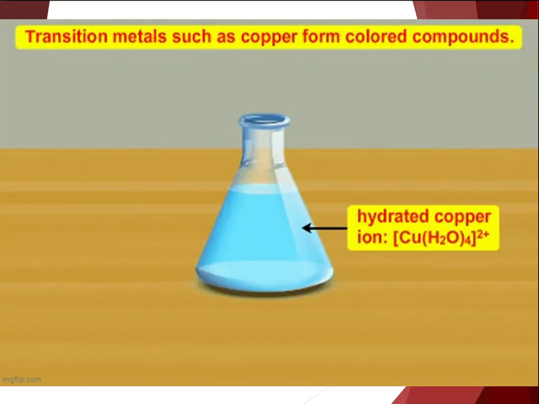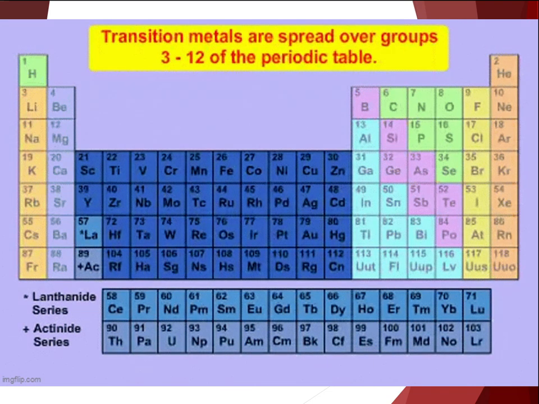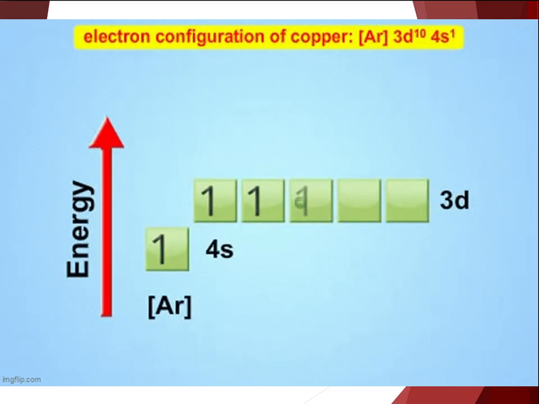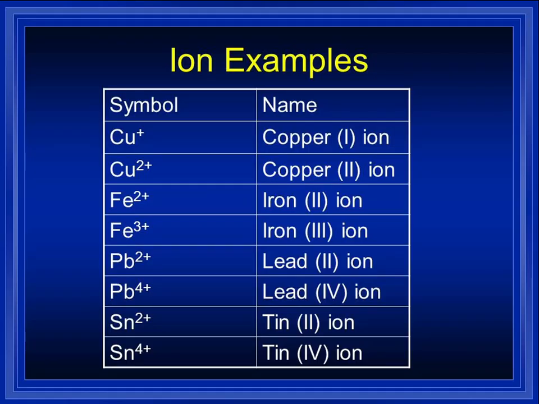Many transition metals can have multiple oxidation numbers and therefore can have more than one correct formula. Thus, most transition metals can form more than one ion. For example, copper can form compounds with either copper 1 ions, which is copper with a charge of positive 1, or copper 2 ions, which is copper with a positive 2 charge.